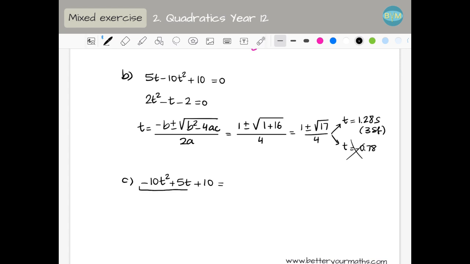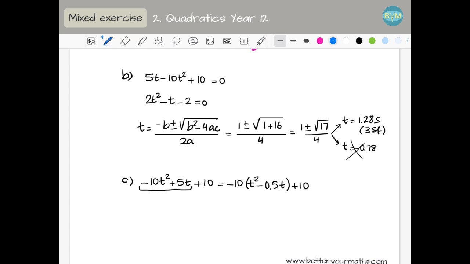I need to factorize this bit, remember, so minus 10 times t squared minus 0.5 t, dividing by minus 10, and then plus 10.